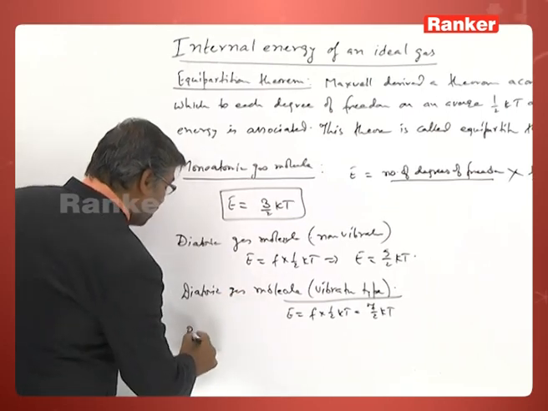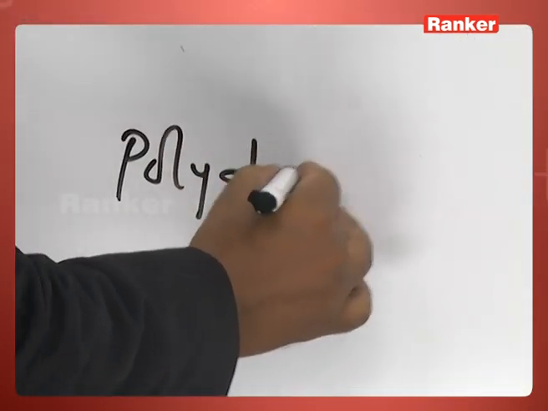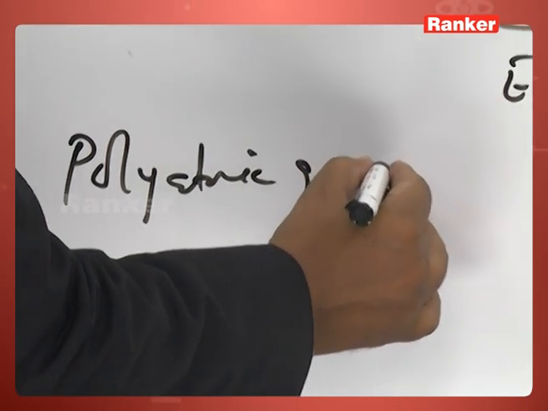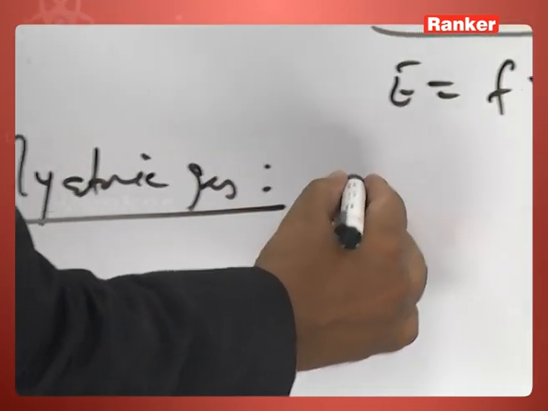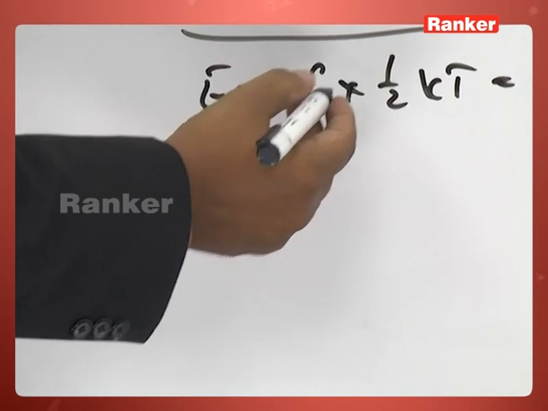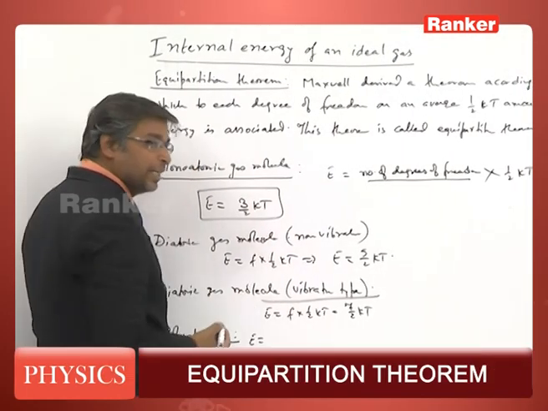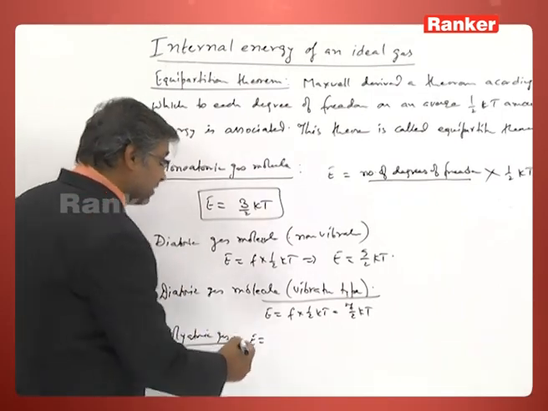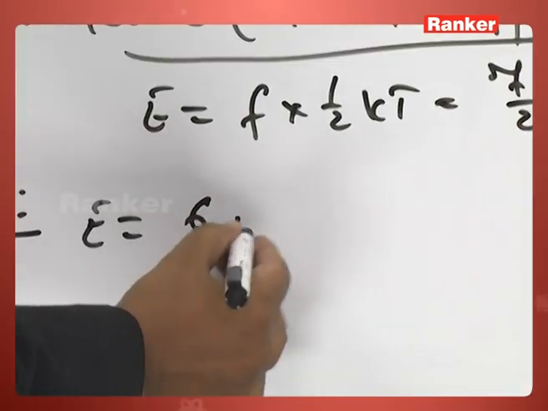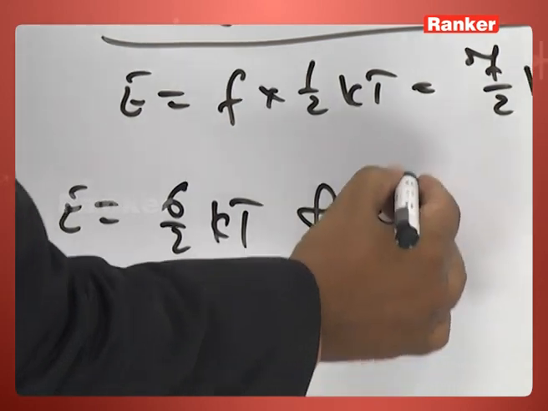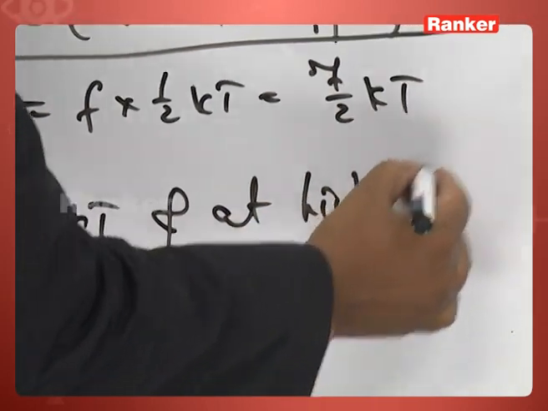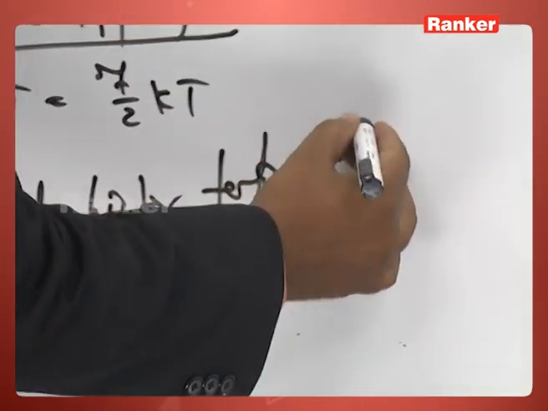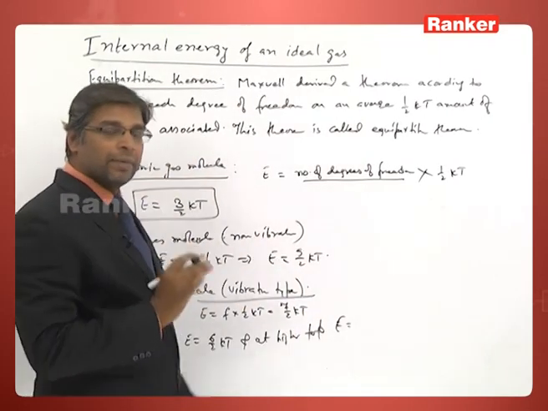So, we have now a polyatomic gas molecule, which will have energy E equal to, at lower temperature, 3 translational and 3 rotational degrees of freedom, that is 6 by 2 kT, and at higher temperature 2 more vibrational states.